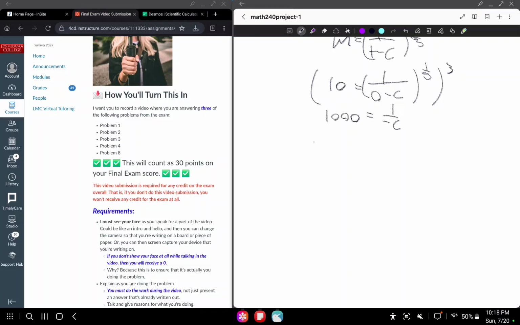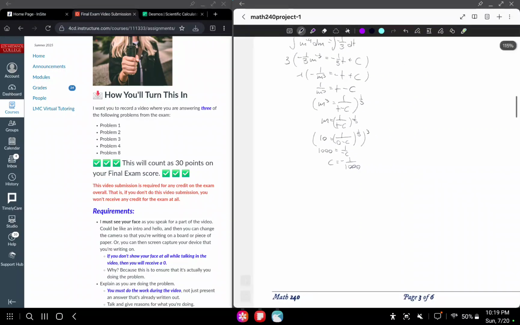Just flip this around, just flip all this. C and add a -2, so c is equal to -1/1000.